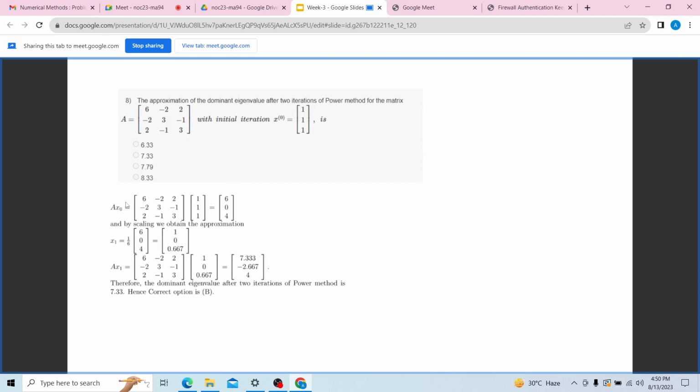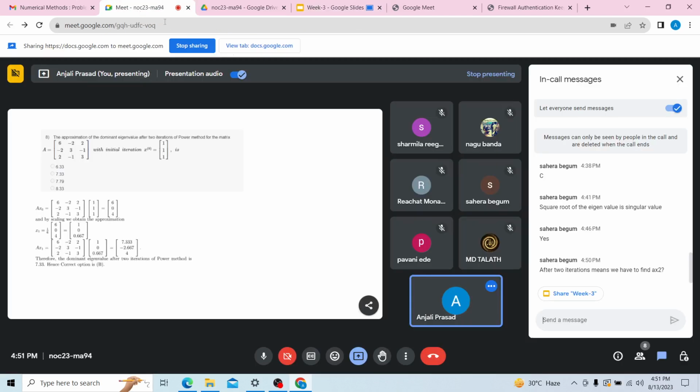Now you will proceed for the second iteration, that is x2. So x2 will be A into x1. So this is our second iteration. This was our first iteration. So these are two iterations. X3 equals Ax2 will be the third iteration. That you are asking about. Got it? Okay.